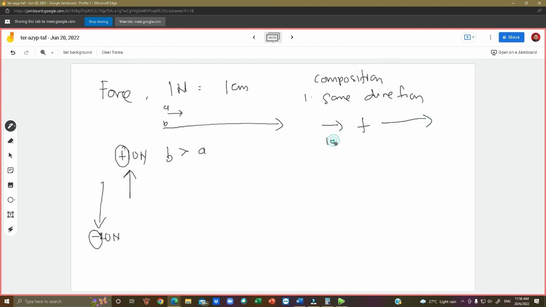Kalau yang ini 1 cm, yang ini 3 cm. So hasil dia ialah satu anak panah yang mempunyai panjang 4 cm. This is vector composition within the same direction. 1 cm ke atas, 1 cm ke atas, tambah. So kita ada 2 cm ke atas. 1, 1, 2. This is vector composition.